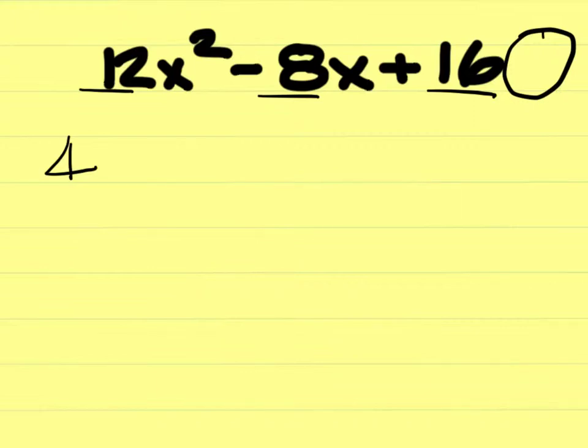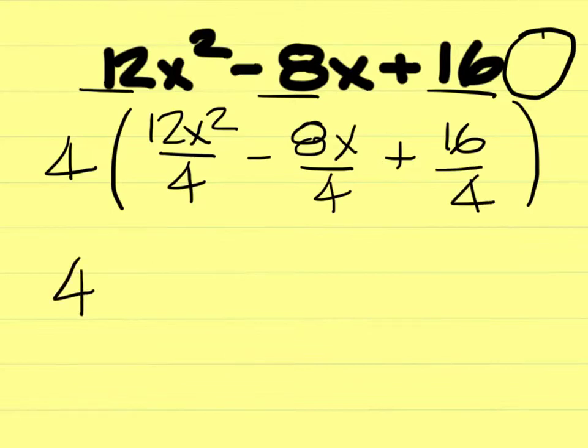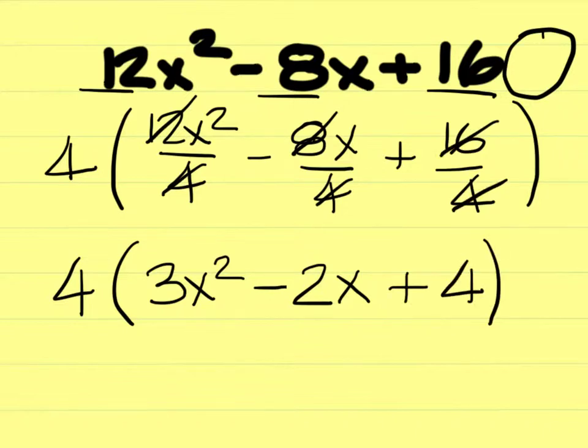So since there's no x term there, you can't take out an x term. So just divide everything by 4: 12x squared divided by 4, 8x divided by 4, and 16 divided by 4. So you're left with 12 over 4, which is 3, x squared, and then 8 divided by 4 is 2, you still have an x, and 16 over 4 is 4.